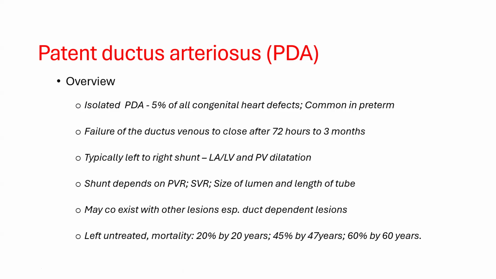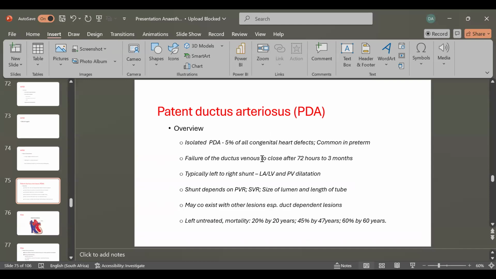But if it doesn't close, we still won't call it a patent ductus arteriosus until after 72 hours. Then we can call it a PDA. Most PDAs will close by 3 months. If after 3 months they do not close, then they're not likely to close, and if you don't do anything about it, they'll persist into adulthood. So that's essentially what that statement means.